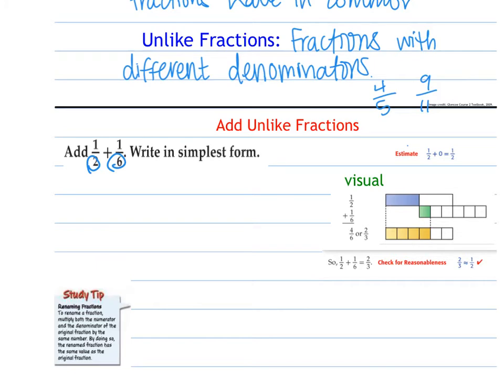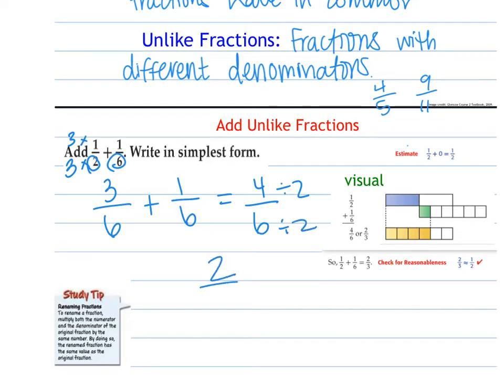So I don't have to change 1/6 at all, but 1/2 I can multiply by 3. 3 times 1 is 3. 3 times 2 is 6. Now I add, just like before with like fractions, add the numerators. 3 plus 1 is 4, and then you keep the 6. And then we need to simplify, which would be 2/3.